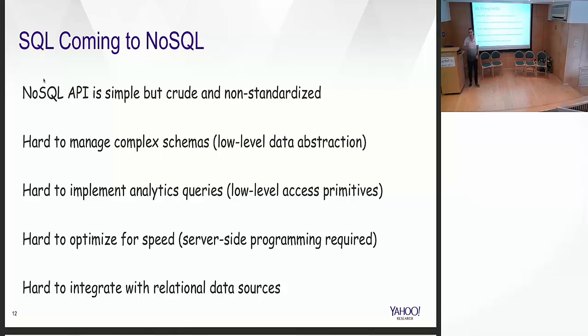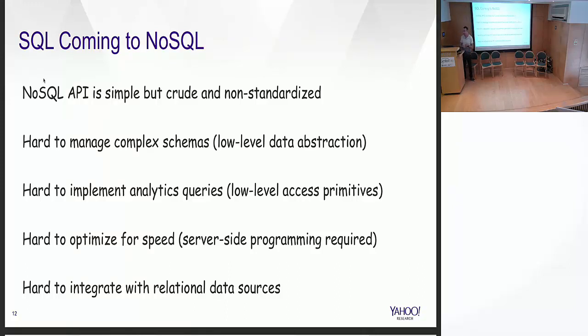So one more thing that is happening is the integration between SQL and NoSQL systems. The problem with NoSQL is that it's very crude and it is non-standardized. Like, you have multiple vendors. There is a conceptual common ground between the APIs, but there is really no compatibility.